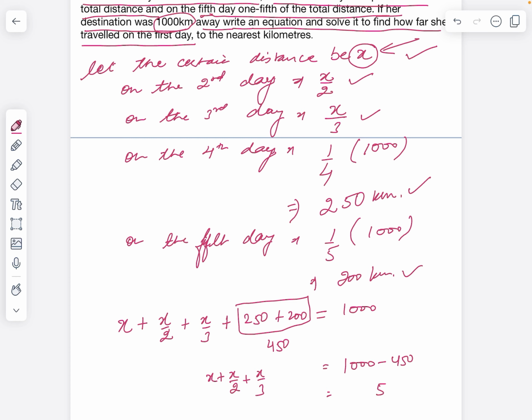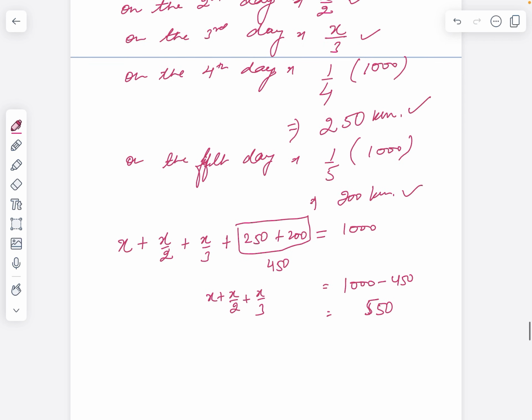It's going to be 550. Now we'll take the LCM to solve this. I'm going to see that 6 should be the LCM. So 1 times 6 is 6x, plus 2 times 3, so 3x, plus 3 times 2, so 2x. 6 plus 3 is 9 plus 2 is 11. 11x upon 6 is going to be 550.